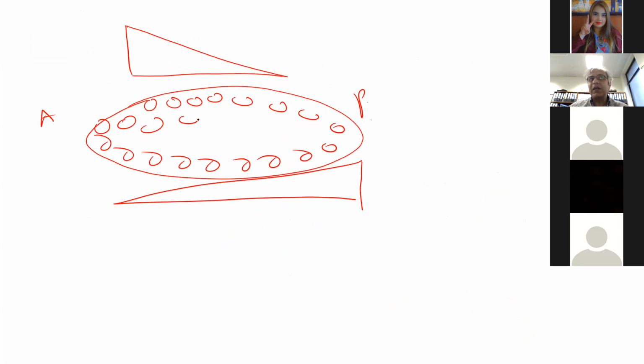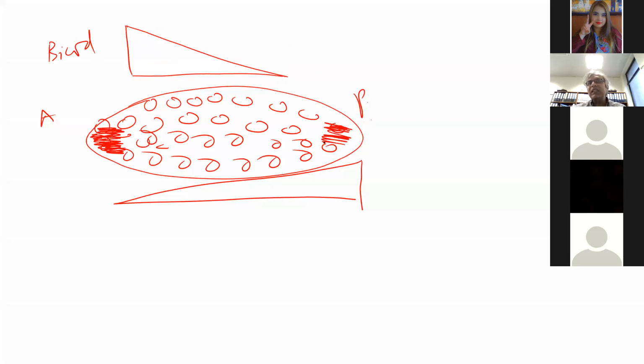This is a syncytial blastoderm. Cells keep dividing. This is bicoid. Why am I showing you a gradient? Because the maximum messenger RNA of bicoid was anchored here, and nanos was there. So when they get translated, these proteins freely diffuse because it's the same cytoplasm. They diffuse, and as a result, we have a gradient.